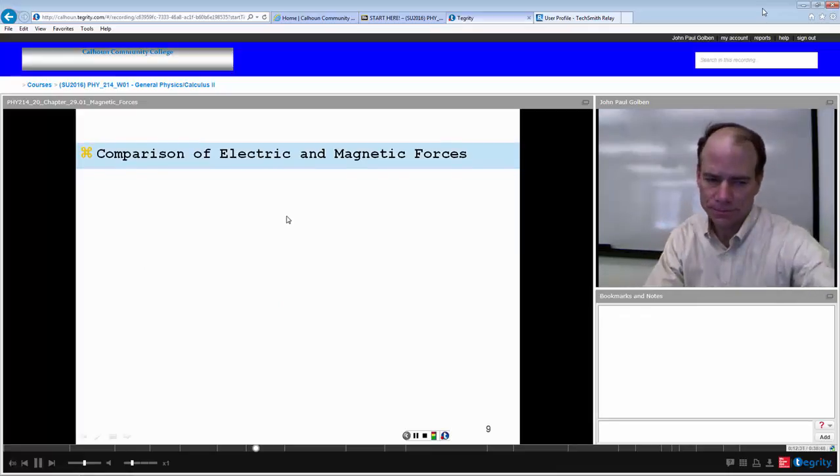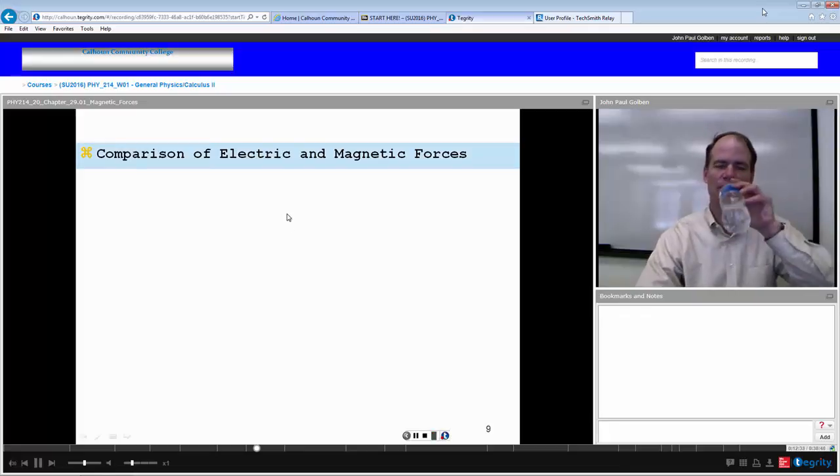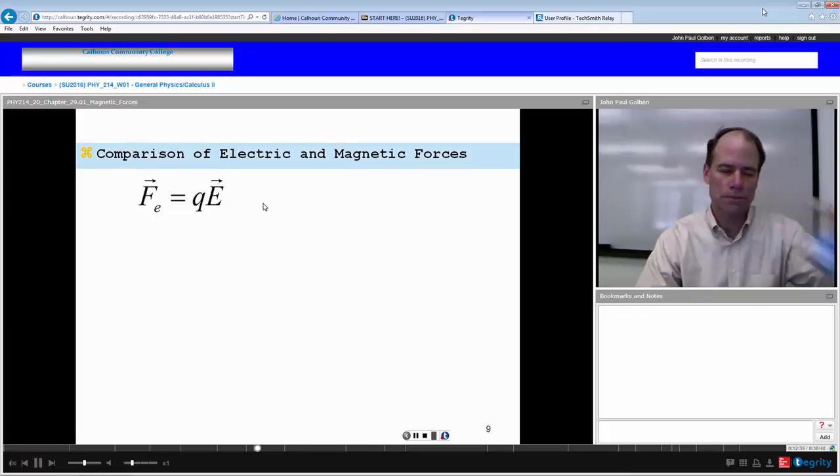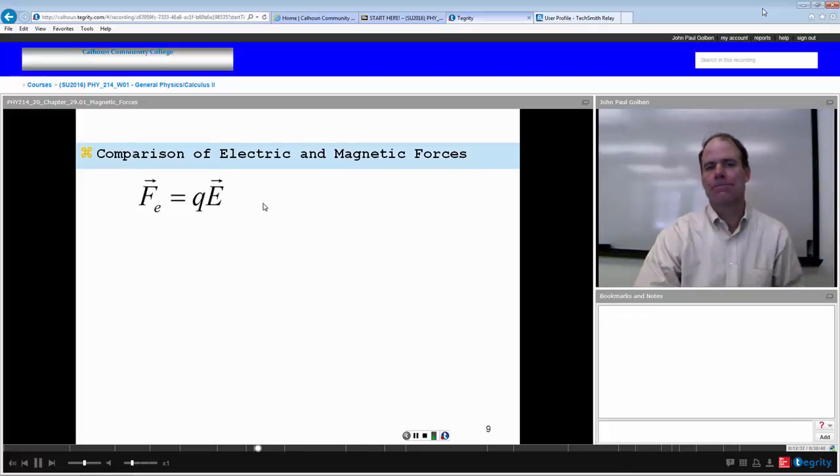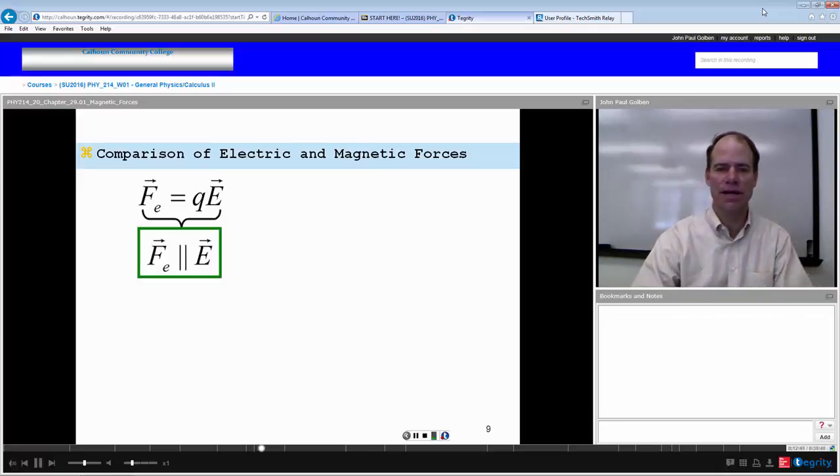Comparison of electric and magnetic fields. For an electric field, if you have a charge, the force is going to be in the same direction as that field if it were a positive charge, and 180 degrees anti-parallel if it were a negative charge.